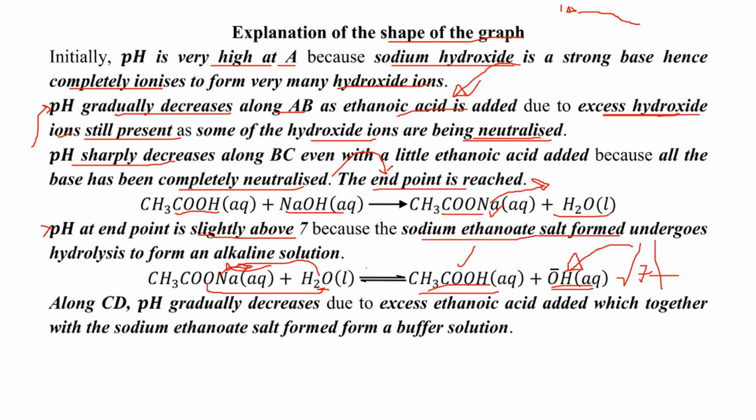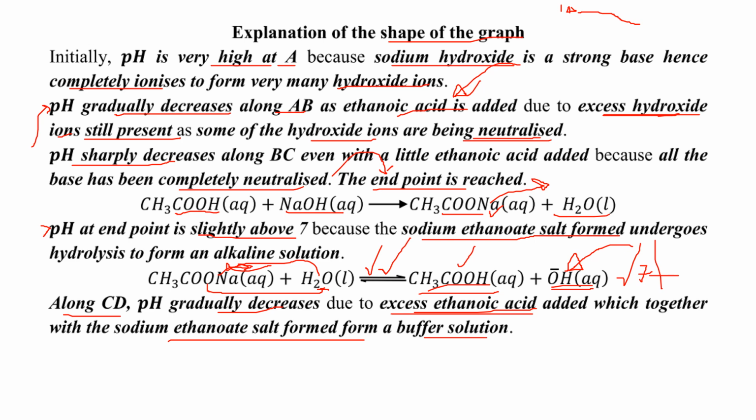And I told you that whenever you're dealing with hydrolysis, make sure that all the equations you write have reversible arrows. Along CD, our pH is gradually decreasing, and this is due to excess ethanoic acid being added together with the sodium ethanoate salt that is formed, creating a buffer solution. So the gradual decrease along CD is because we have an excess of the ethanoic acid, just like I explained in the graph, and at the same time we have the salt.